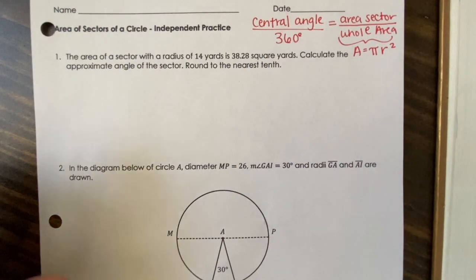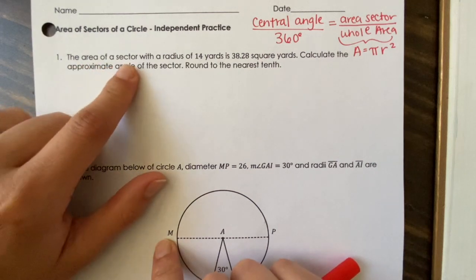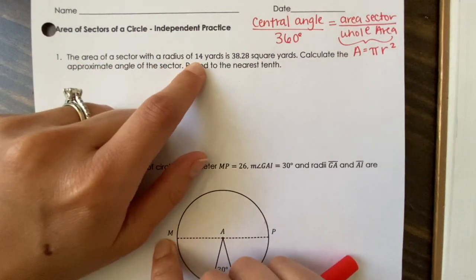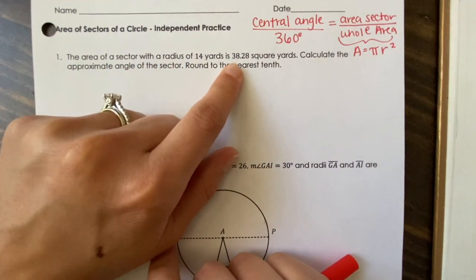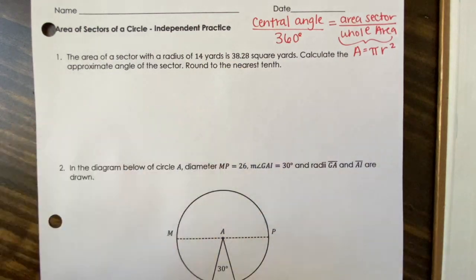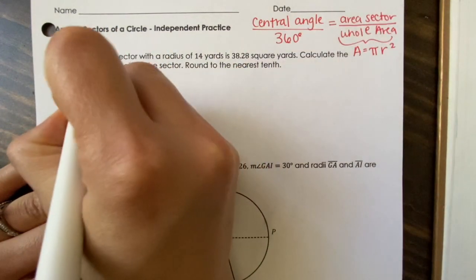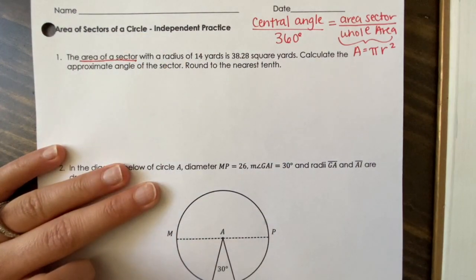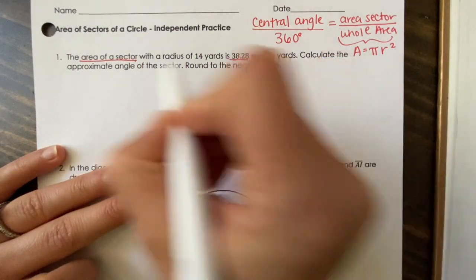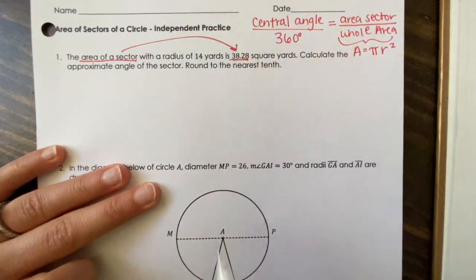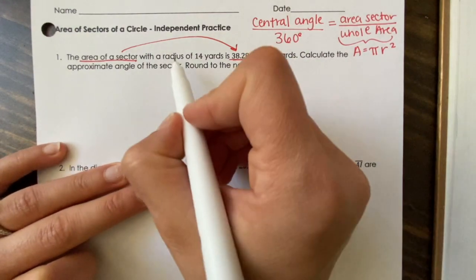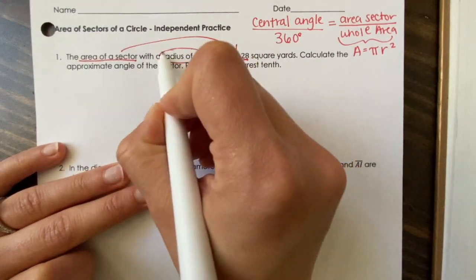It says the area of a sector with a radius of 14 yards is 38.28 square yards. So they're giving us the sector area, and they're also giving us the radius.